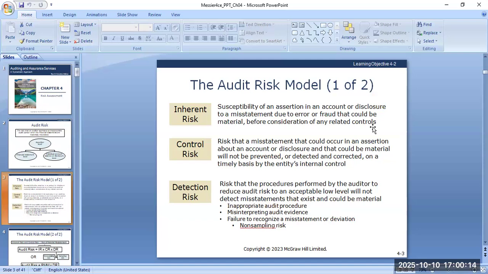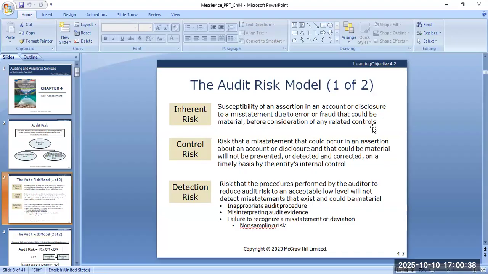So we have to have in mind that control risk happens on the level of the company, the level at which the company has put some control procedures in place. So this is the risk that can happen if those control procedures do not work appropriately.